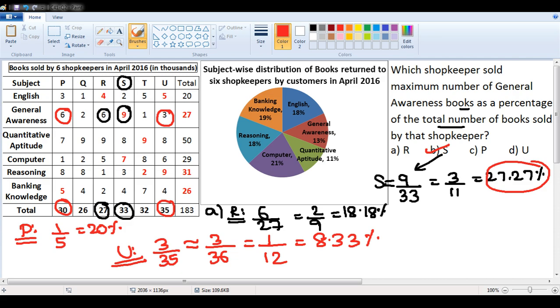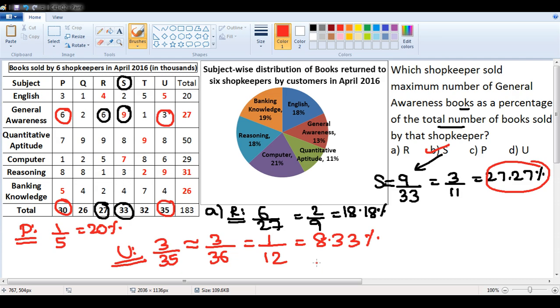Second question. Rishikesh, what is no, sir? Rishikesh, waiting for your comment before I move on to the second question.